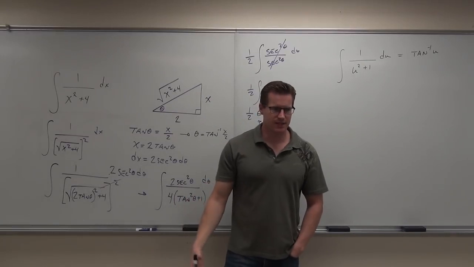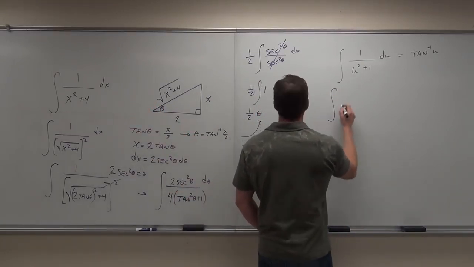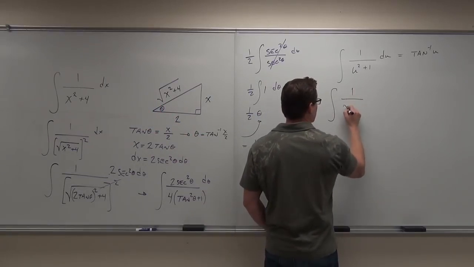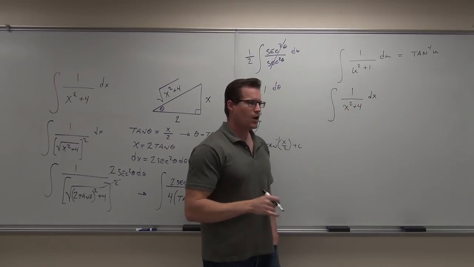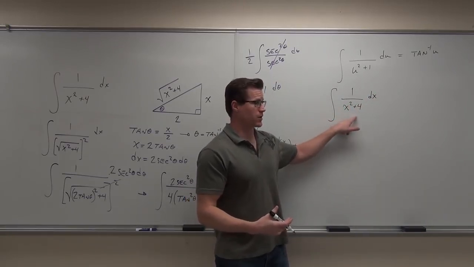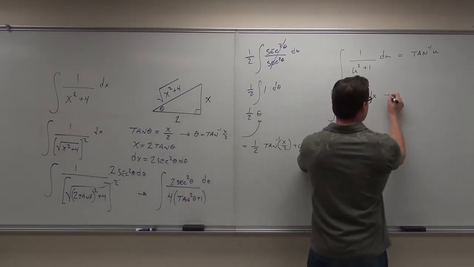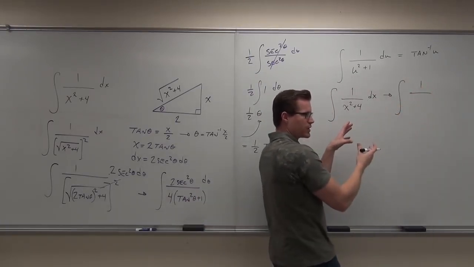Well, here's another idea then. Instead of going through the whole trig sub idea, well, maybe we just think of, instead of 1 over x squared plus 4 dx, we force this thing to factor out a 4 here. So we could say, okay, well, if I'm trying to make this a 1, I've got to factor out a 4. You get me?